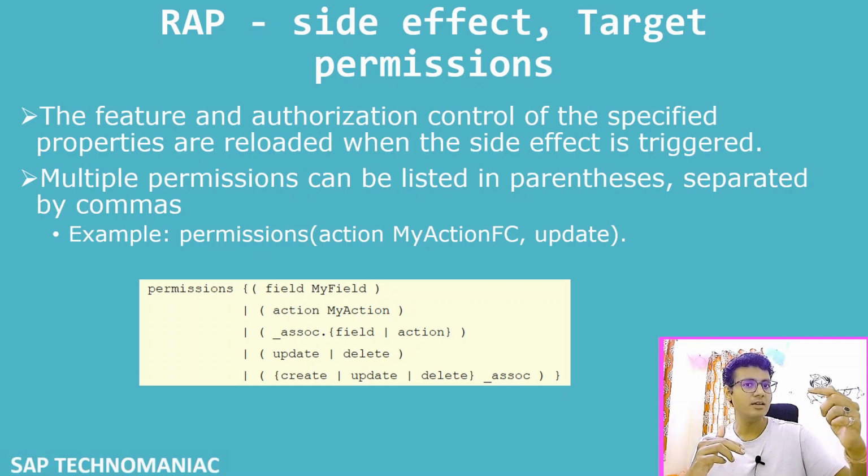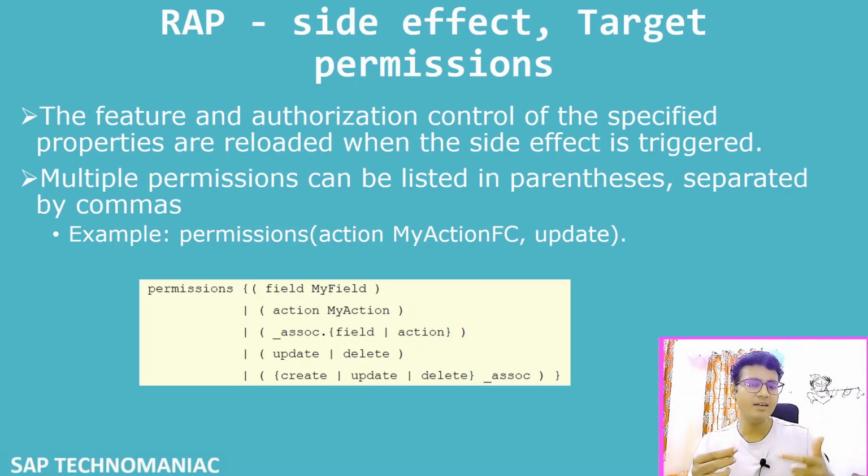As soon as I flip that from reject to accept, the create should automatically be enabled, but it was not happening as soon as I changed it. To do that, I had to reload the screen, I had to refresh the screen, and then the create button got enabled again. But I don't want to do a refresh. As soon as I change it, the reload should happen automatically and that create button should be enabled. So for that purpose, we can use permissions as well.